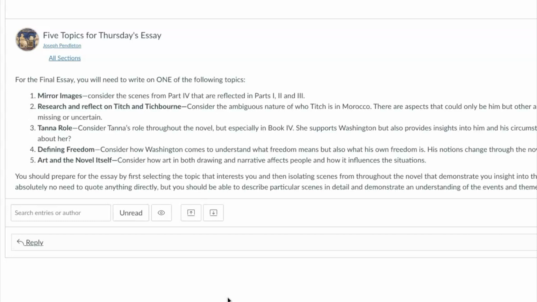Okay, so you can look into that. Look into the Tichborne case and consider how that is being used throughout the novel, especially in the early representations of Titch. And then as they go through Barbados and go up to Canada, and then he disappears, and then this person calling himself Titch comes back in the final chapters.